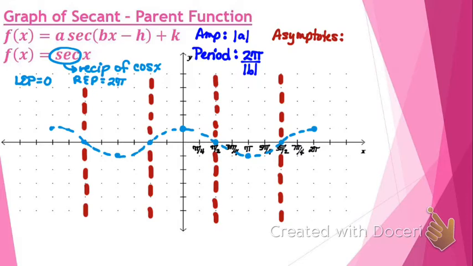When I define where these asymptotes are, if I'm not starting right on the y-axis, then I need to name at least one asymptote and then explain how far over I would count to get to the next one.